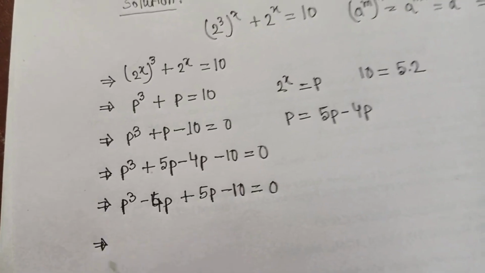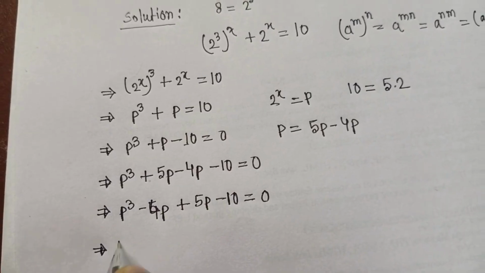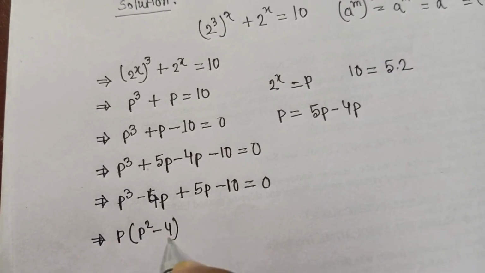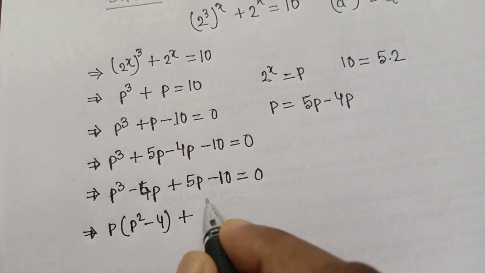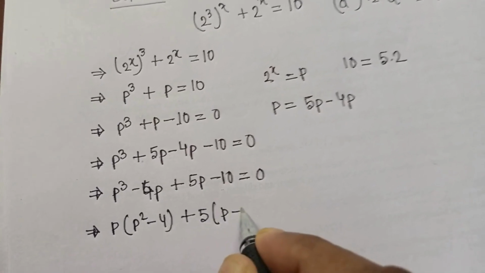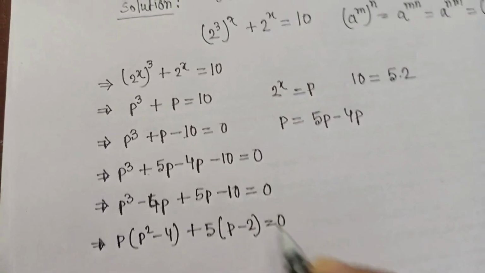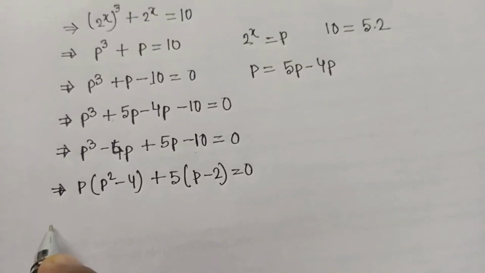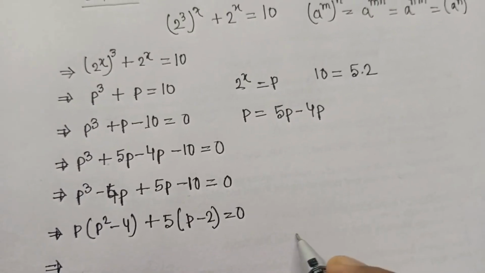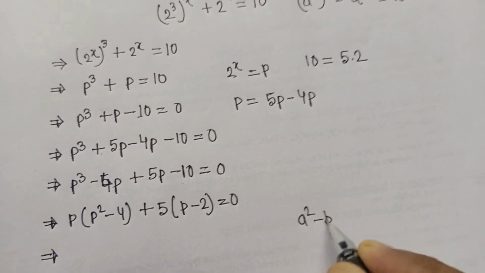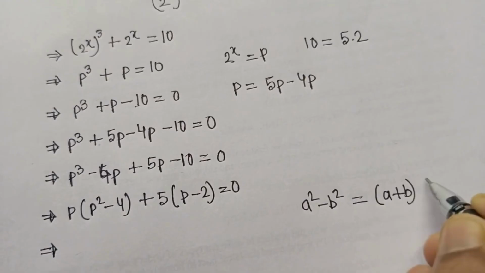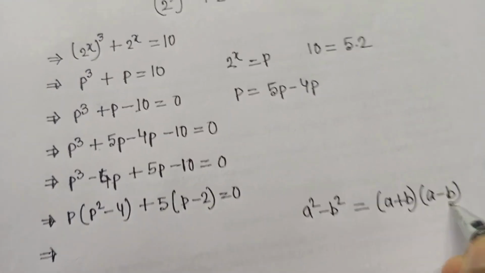Now if we take common just p, the rest part will be p square minus 4, and if we take common 5 from these two expressions, the rest part will be p minus 2 equals 0. Here we know the formula a square minus b square is equal to a plus b multiply a minus b.